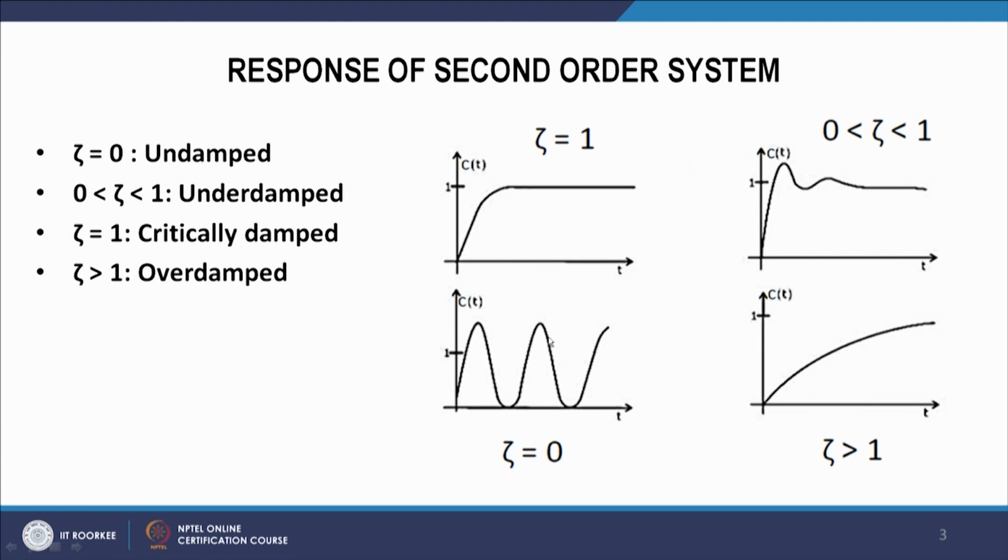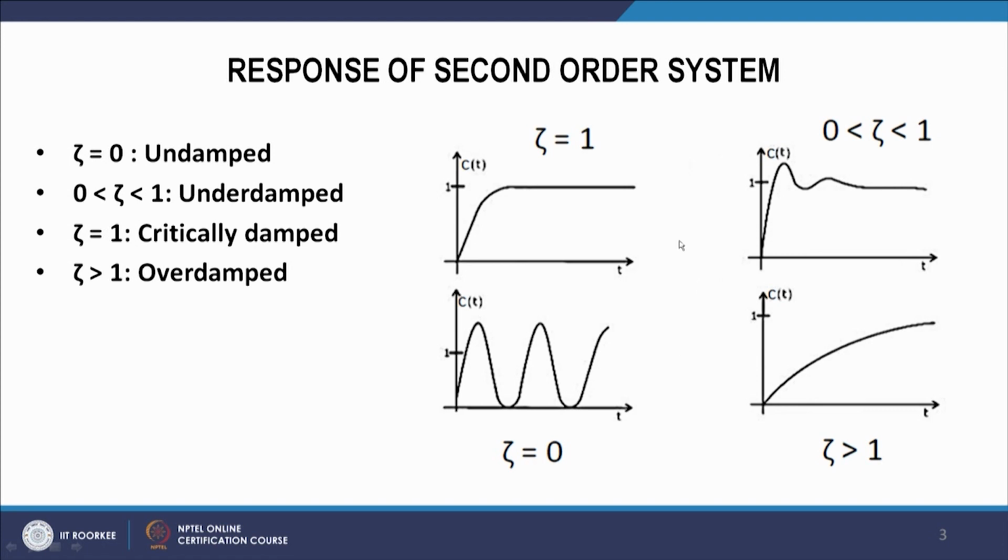We can see there are oscillations for the undamped system, because there is no damping, the amplitude will remain the same and will not change with time. The frequency of this undamped system is called the natural frequency, and we can see how the natural frequency is represented on the S plane, the complex plane.